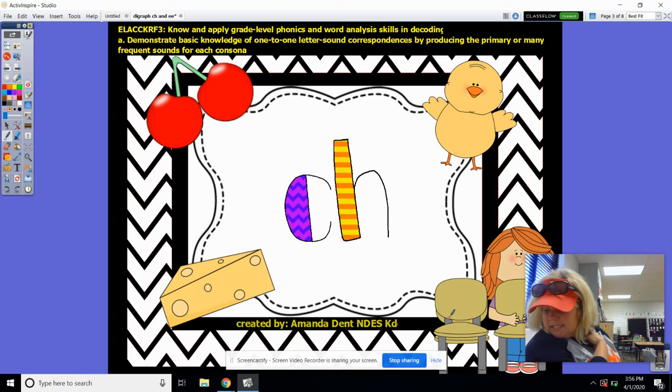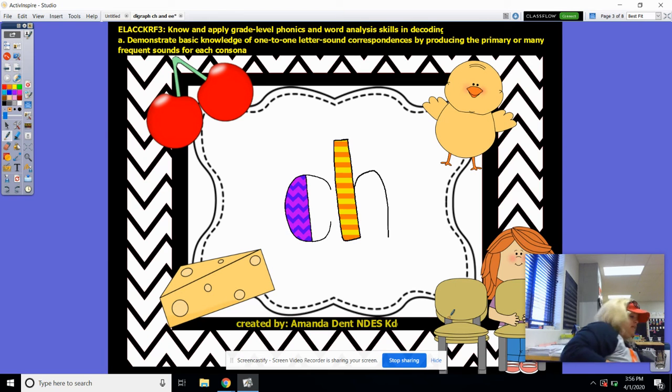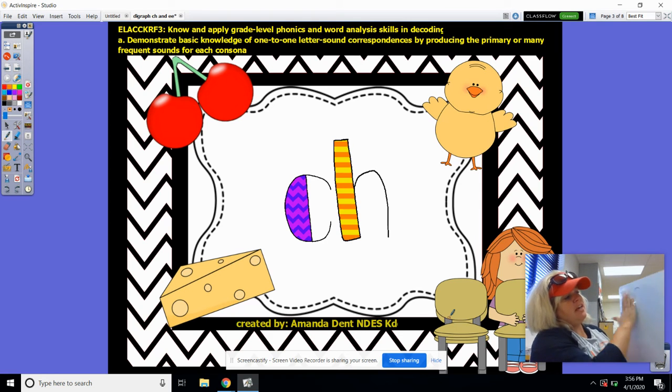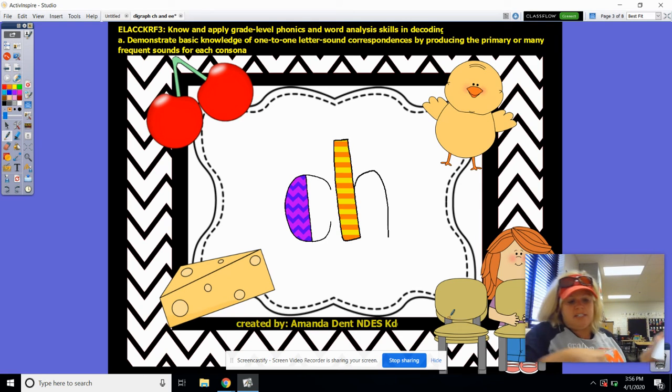They have Swiss, they have cheddar, they have Parmesan, and it's a main ingredient in pizza, like in nachos too. What do you think it is? Cheese is correct. So when you see the picture card that's cheese, it's going to help you to remember that the CH digraph says ch.